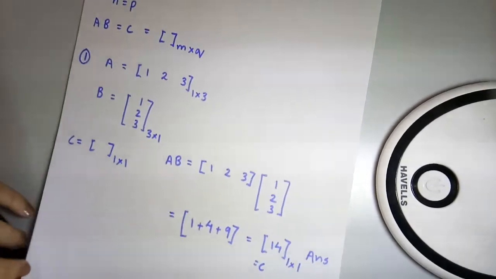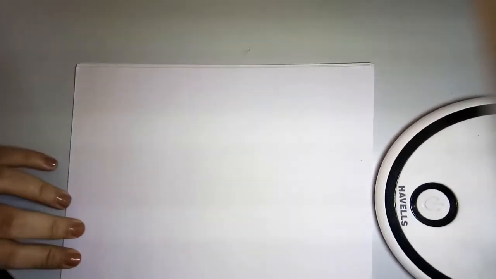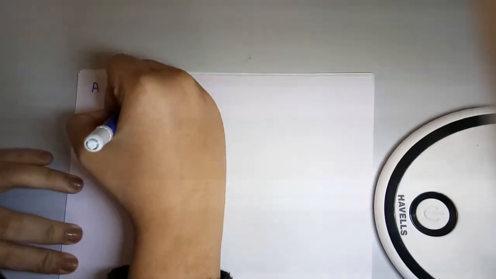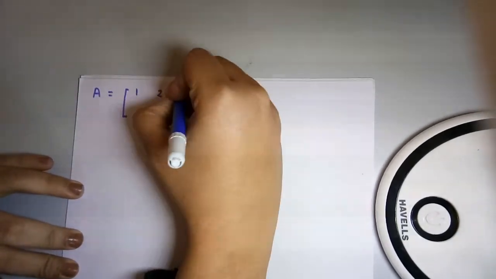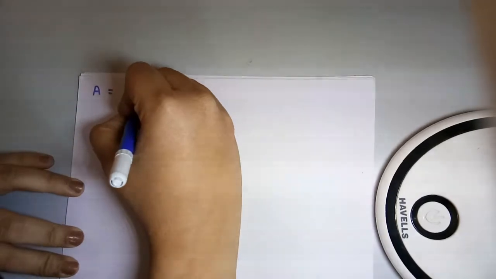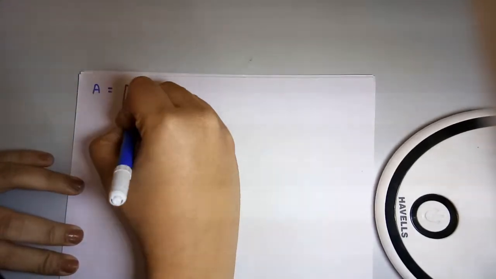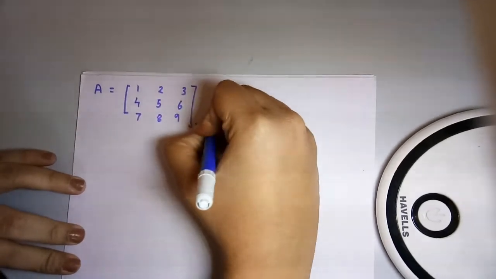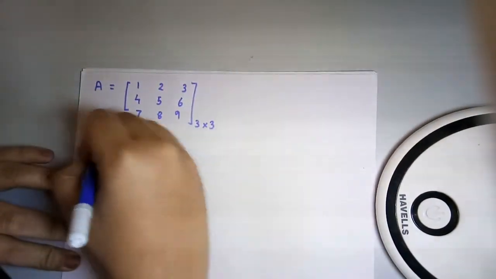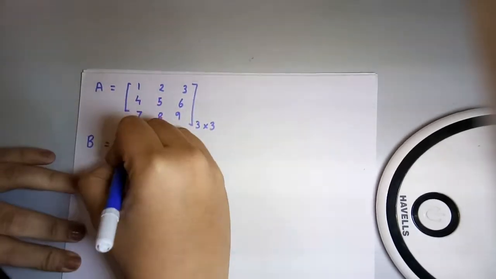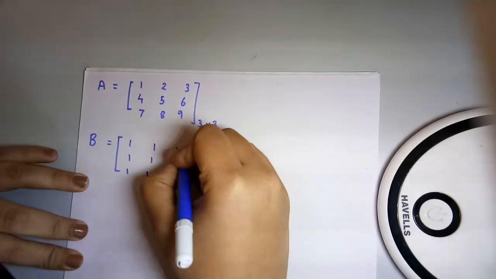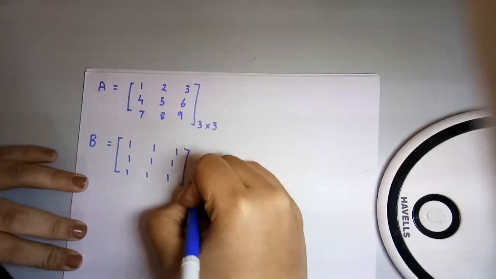Let us take another example with matrices of larger order. Let us take A, a 3 cross 3 matrix. The order is 3 cross 3, and let us take a matrix B again of the order 3 cross 3, which means it has 3 rows and 3 columns.